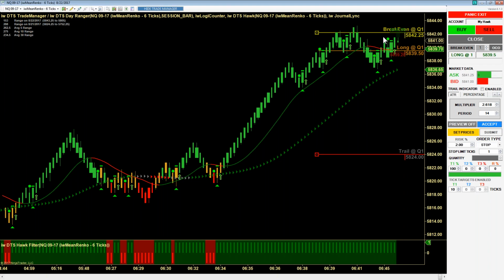Had I left the break-even where it was, I would have engaged the break-even trigger at this point, but I pulled it away a little bit.